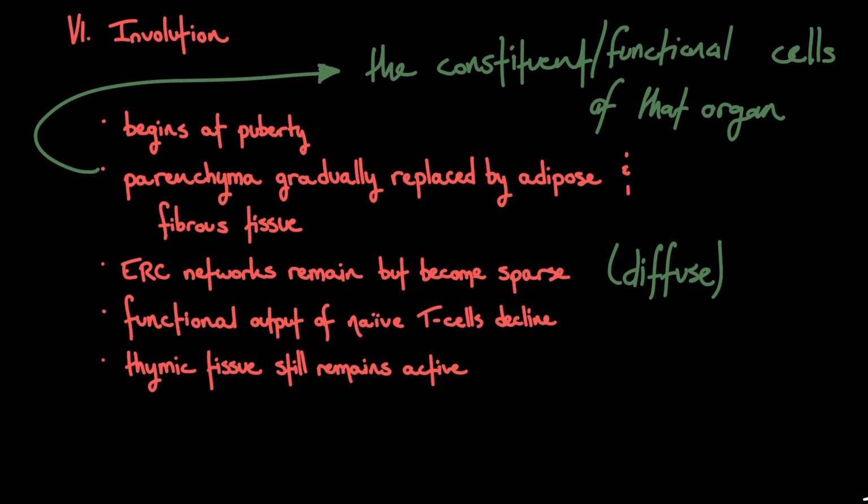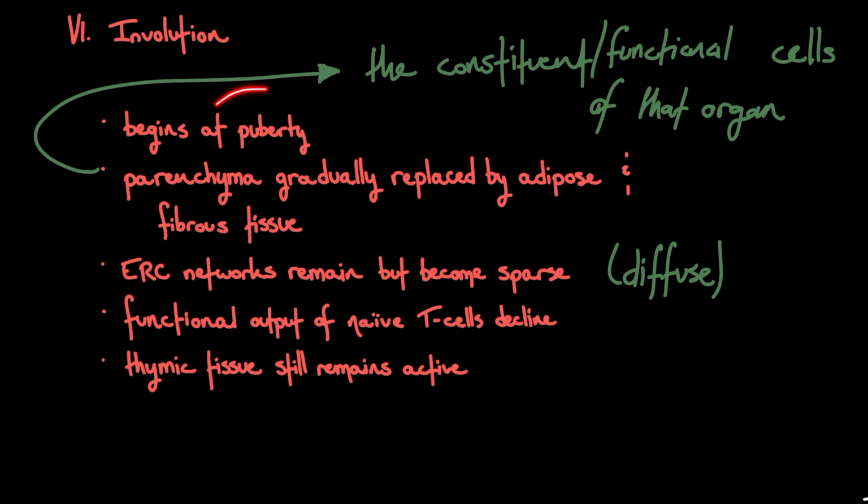So what does that mean? Well, if I don't have my functional cells of that organ, if my parenchyma is decreased, then my functional output of naive T cells is going to decline. So the thymic tissue still remains active, but it is declining in function as we age, and you don't even need to be that old.